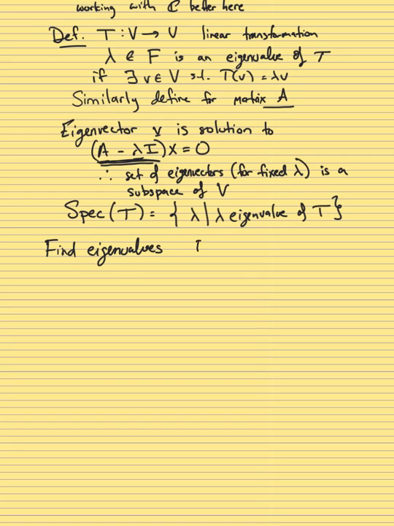Well, you want to find the lambda so that A minus lambda I is non-invertible. As we saw, one way to do this, of course there are other methods, is to show that the determinant of A minus lambda I is equal to 0. If you can show that, then you've found an eigenvalue.